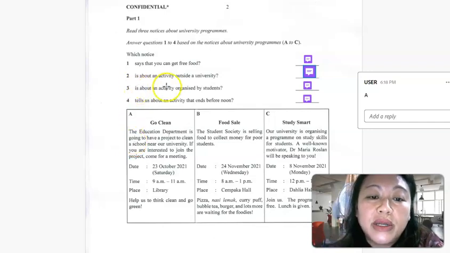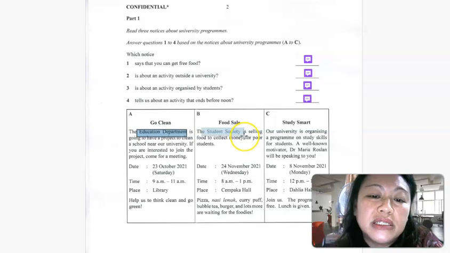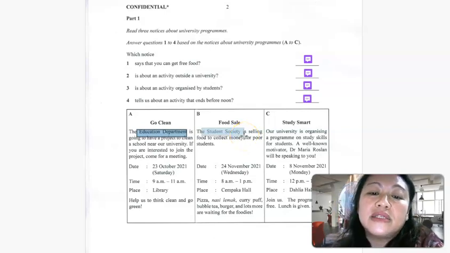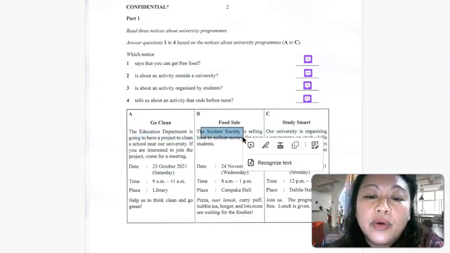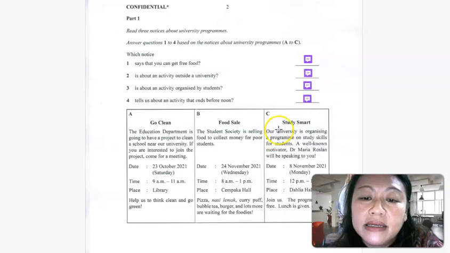Now, which one is about an activity organized by students? Here you can see it is organized by the education department. This one is a better answer because it is by the student society, so we can guess that the students themselves are organizing it. Whereas in answer C, it says here, the university is going to organize a program for students.